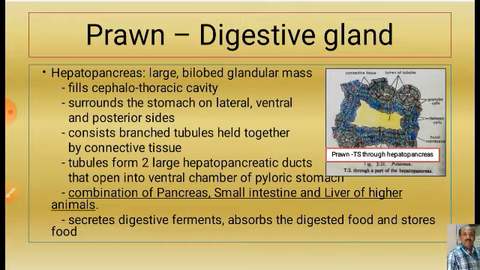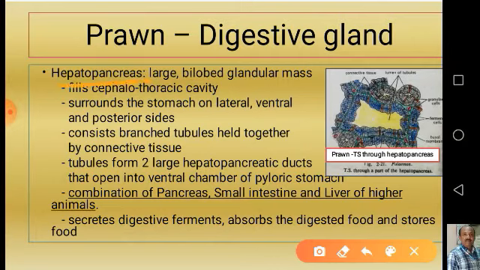There is only a single digestive gland, called the hepatopancreas in the case of the prawn, which is a large bilobed glandular mass, dense and globular, and orange red in color in the living state.